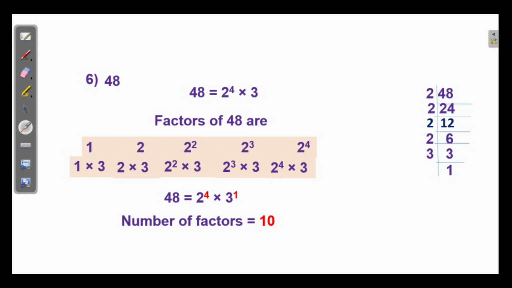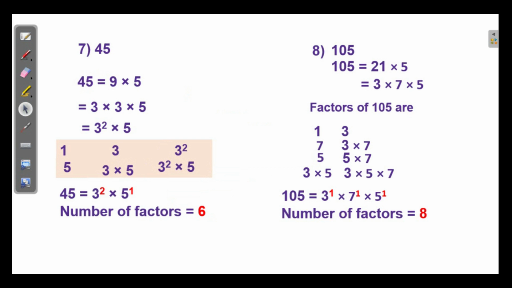And here 3. 1 and 3 are the factors. So again multiplying each and every factor by 3, we will get the number of factors equal to 4 plus 1 is 5, 5 into 1 plus 1 is 2, 5 into 2 is 10. So there is an easy way of finding out the number of factors.